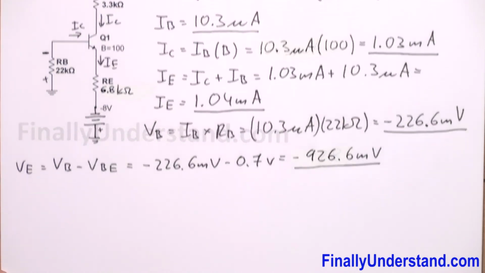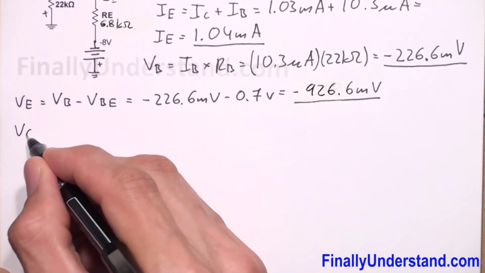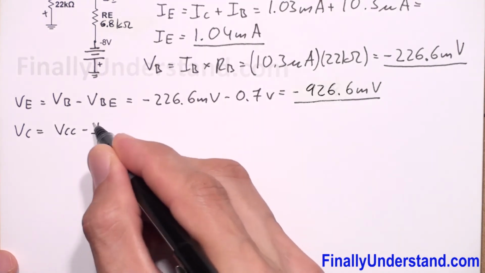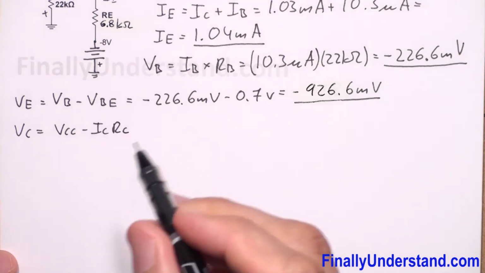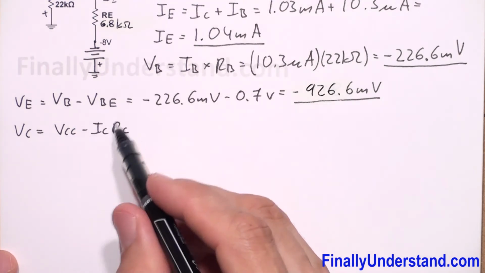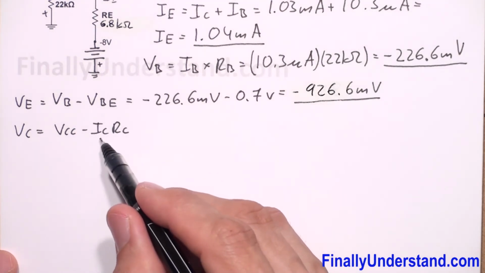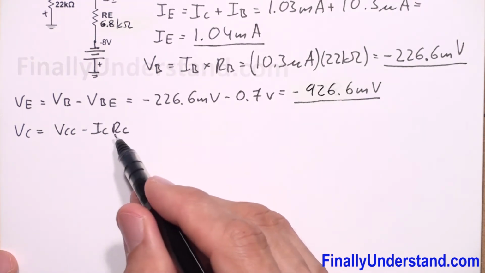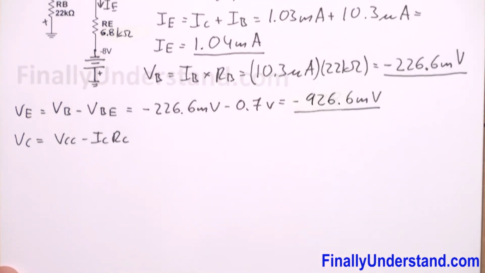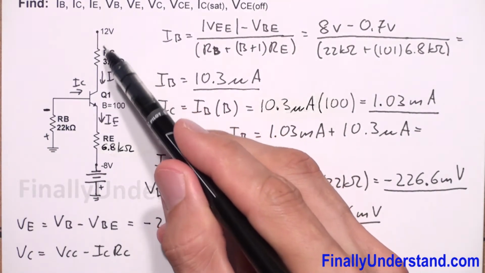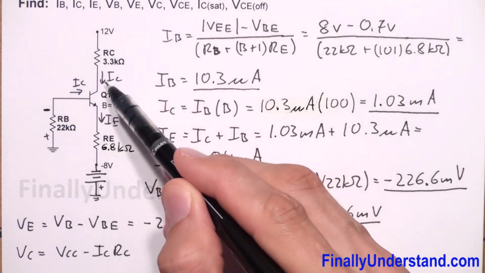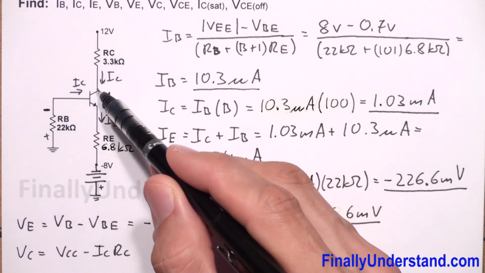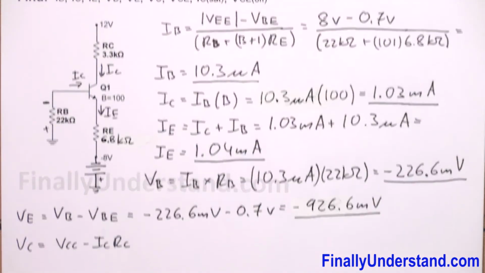Next I'm supposed to find voltage VC. VC is equal to VCC minus IC times RC. Please notice that current times resistance is equal to voltage. So if I know the current which goes through resistor RC and I know the resistance, I can multiply them together and I'm going to obtain the voltage VRC. So VCC minus the voltage across resistor RC will give me the voltage at the collector. Voltage at the collector is the voltage between collector and ground.